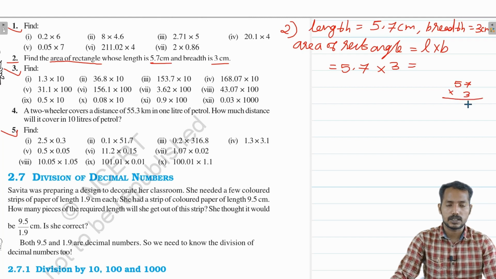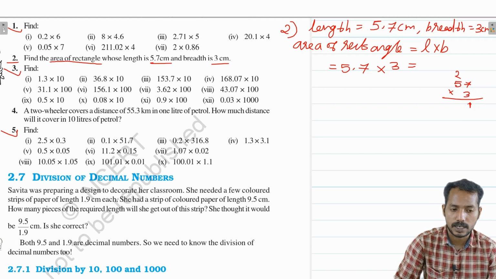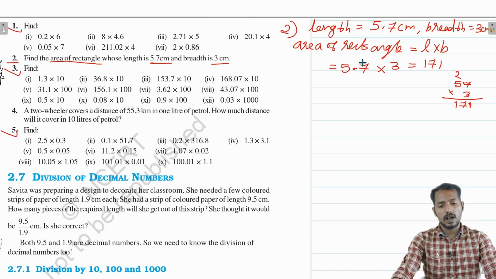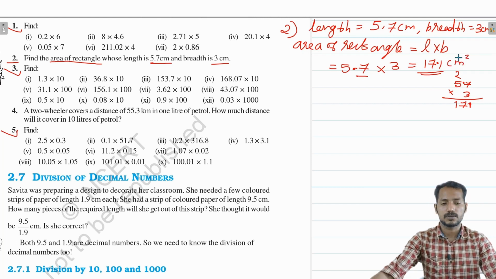Okay. 7 into 3 is equal to 21. Then 2. 3 into 5 is equal to 15. 15 plus 2 is 17. How many digits are there after decimal point in both the numbers? Only one. Clear. So keep the decimal point here. 17.1 centimeter square or square centimeter. Very simple.